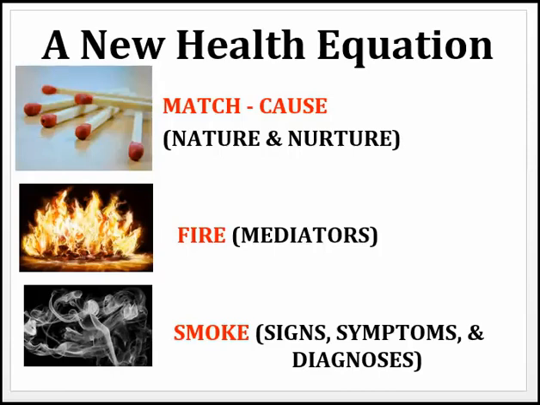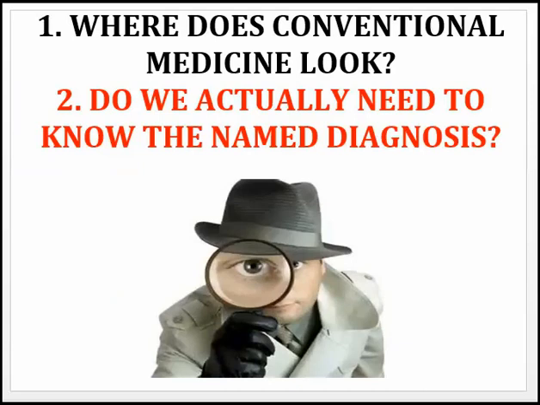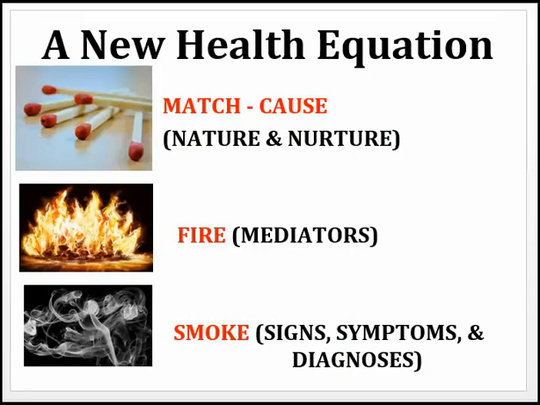So they're dabbling in the fire, right? But they're not looking at it contextually as a whole unit, and that's where we want to look. Then the question becomes, do we actually need to know the name diagnosis? And of course we do. It's helpful. However, from a functional medicine perspective, because it's so far down the chain, what's more important is to identify causes, to identify the mediators, because ultimately that's what we're going to be treating.